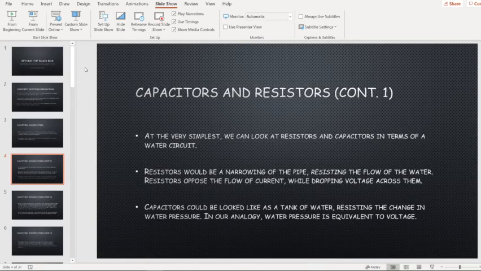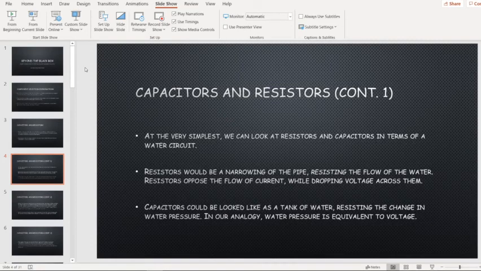The resistors oppose the flow of current while dropping voltage across them. Now, that's essentially it there. Capacitors could be looked at like a tank of water, resisting the change in water pressure. In our analogy, water pressure would be the same thing as the voltage in our circuit.